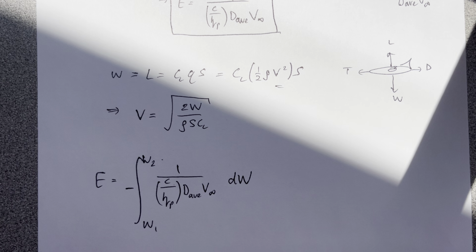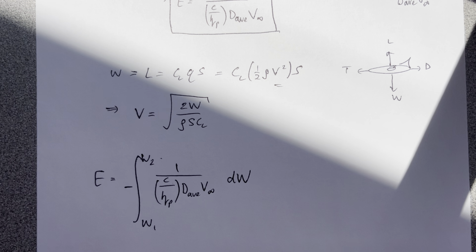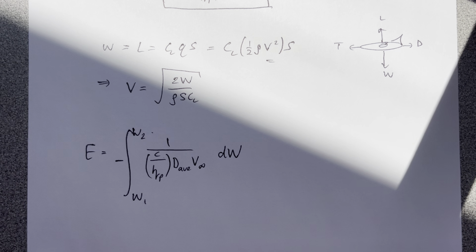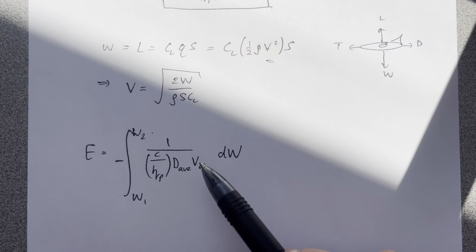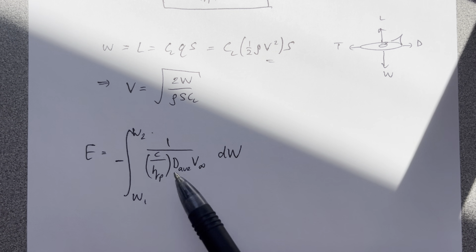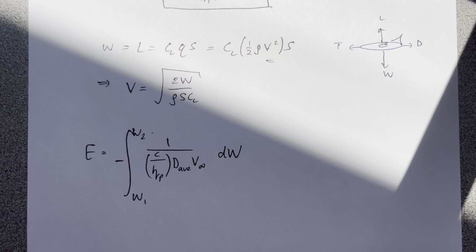So basically, if we perform this integration now, that should lead us directly to the Breguet endurance equation for a piston propeller driven airplane. To get started, however, we're going to need one small mathematical trick, and that is to essentially multiply this equation inside the integral by 1 in disguise.